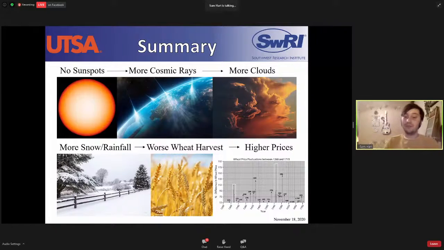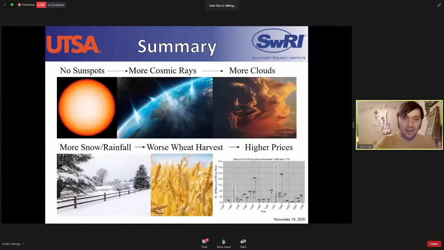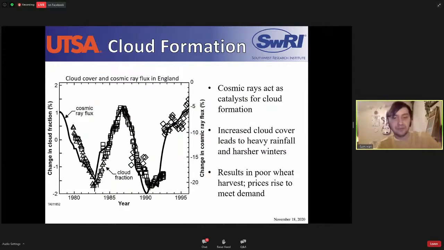So you might be asking yourself, do we see this elsewhere, or is this really just in England during the Renaissance era? Well, recent studies have shown that cosmic rays don't actually translate to cloud cover on a global scale. This is a very regional effect for England and some other parts of the Earth, but as a whole across the globe, we really don't see this relation.